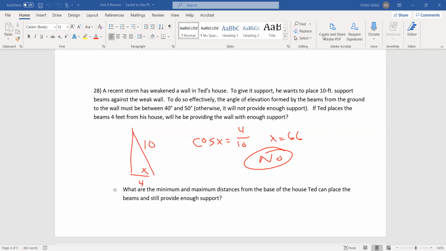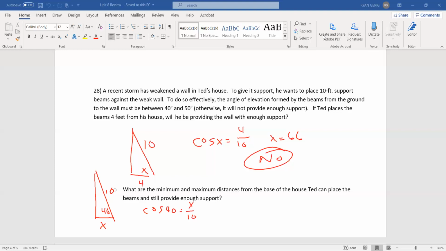Okay, what are the minimum and maximum distances from the base of the house Ted can place the beams and still provide enough support? So basically, we want to put in there this picture, except instead of knowing that it's 4 feet from the house, we don't know, and we're going to put 40 in there for the maximum, and 50 in there for the minimum. So the beams are still 10 feet, so we're looking at cosine of 40 equals x over 10.